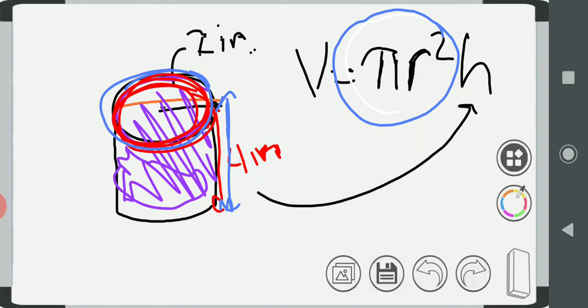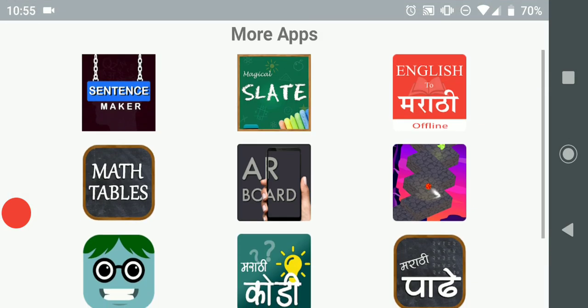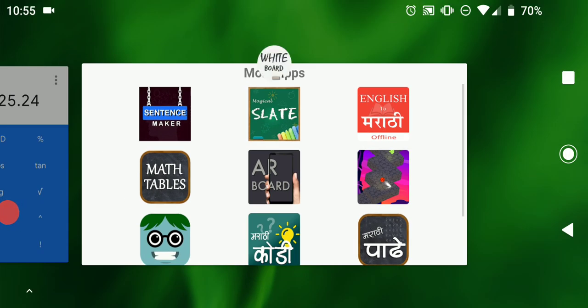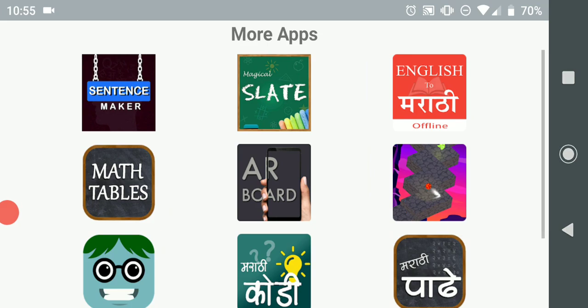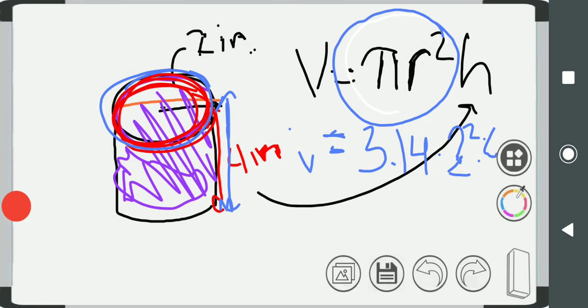Looking at this, I would have volume equals pi, which is 3.14, times the radius squared, which is 2 squared, times the height, which is 4 inches.